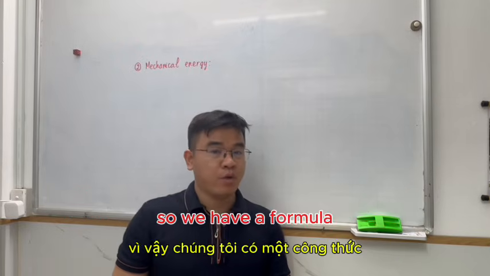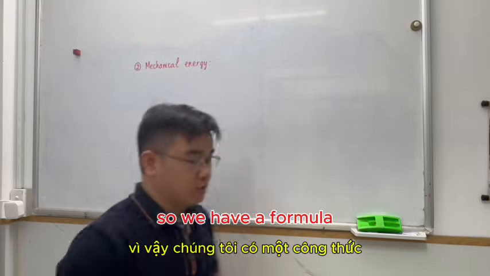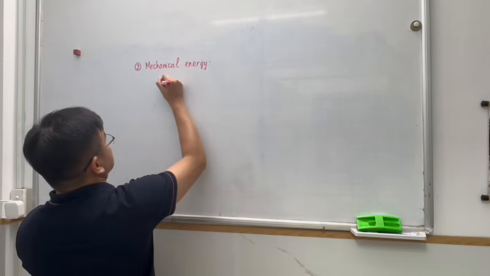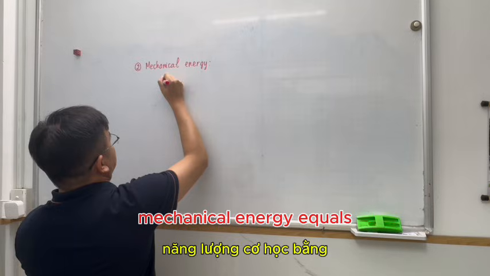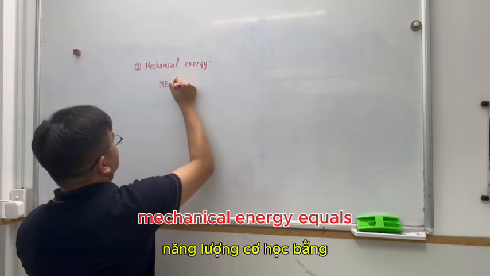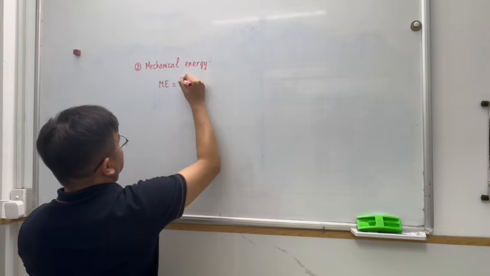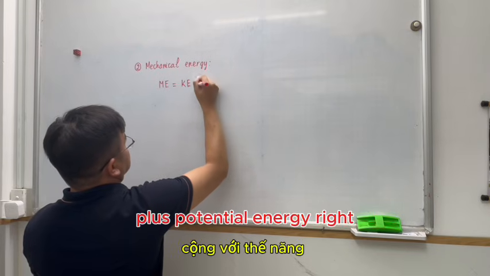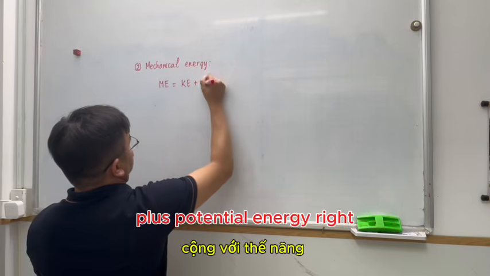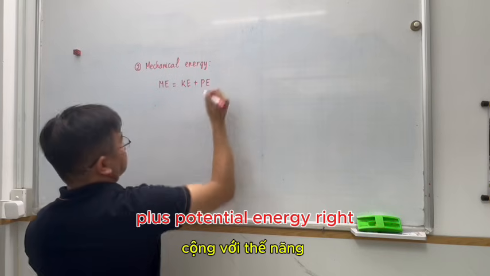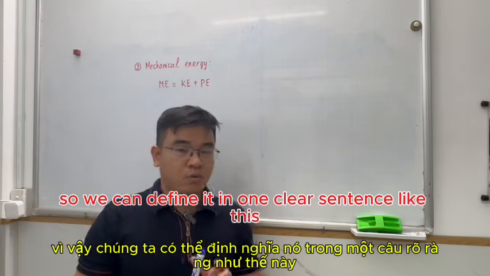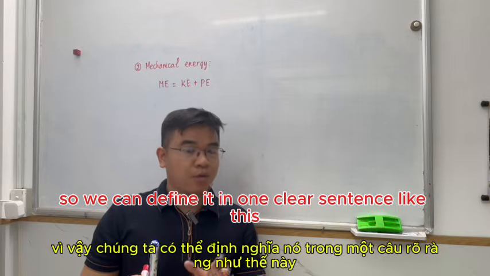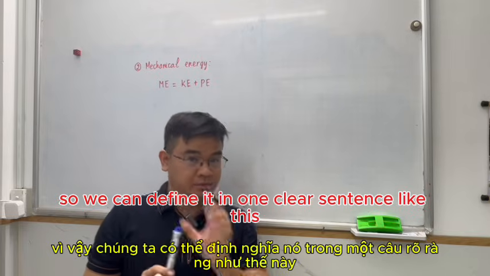Okay, so we have a formula: mechanical energy equals kinetic energy plus potential energy, right? Good. So we can define it in one clear sentence like this.